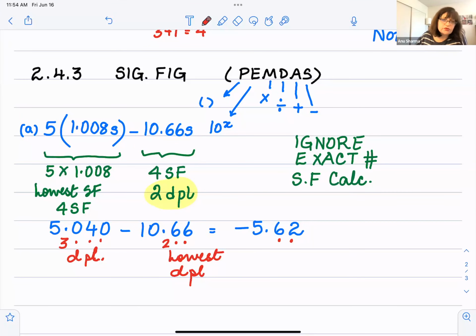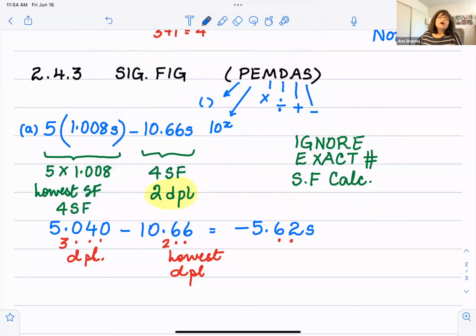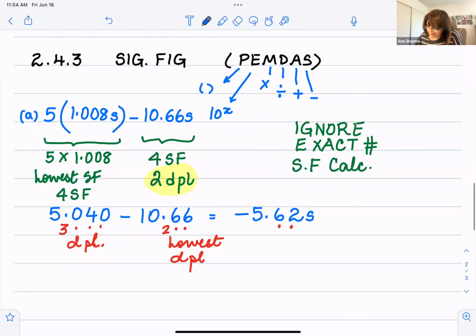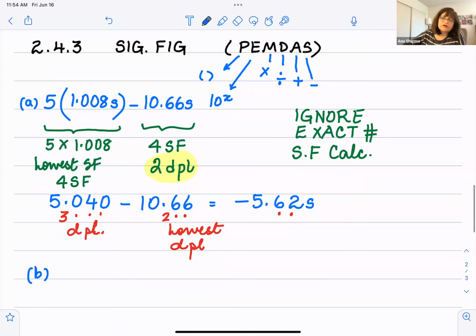So 5.62, negative, is the answer, and put the units. The units are seconds. All right, that's the answer. Okay, so order of operation. Next, Chevron, you were asking this on the board. You understood this? You can type the answer.